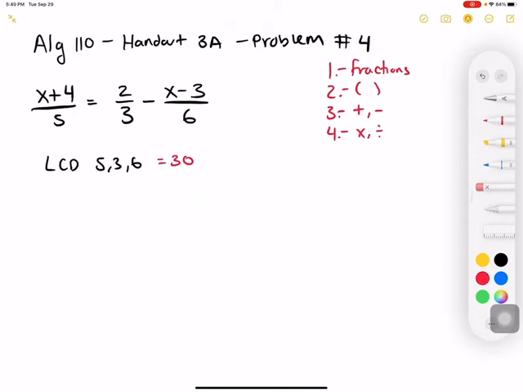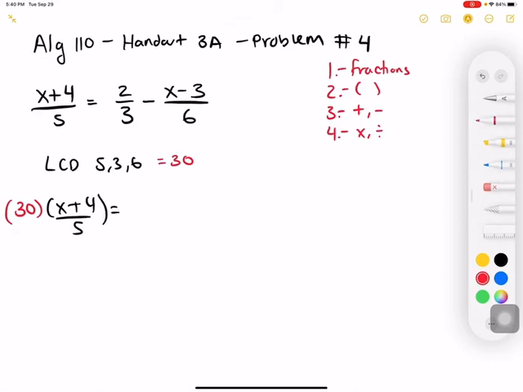Once you find the least common denominator, what are you going to use it for? You're going to multiply every single fraction in the equation times the least common denominator. This is not going to change the outcome of the equation. So I multiply everything times the least common denominator: 30 times x plus 4 divided by 5.